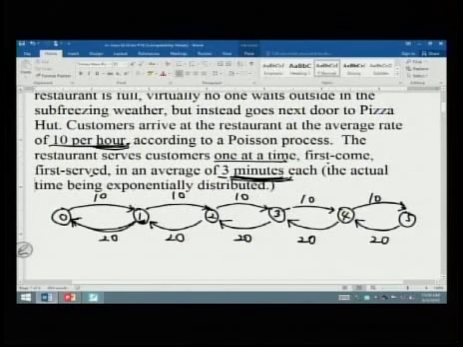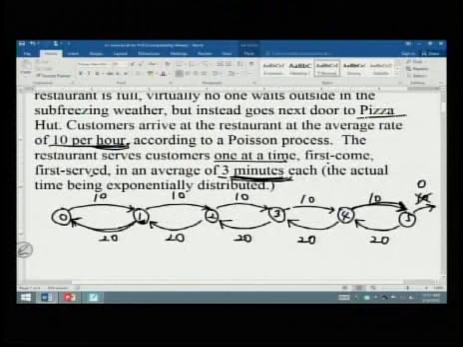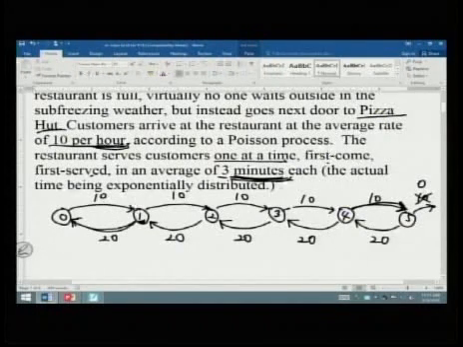And what happens if there are 5 customers already in the restaurant? It's not going to be 10. It's going to be 0, right? Because in that case, no one's going to wait, right? They are going to go to another restaurant, another pizza restaurant right next door, right?